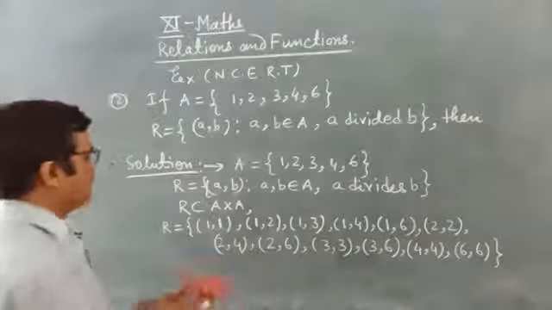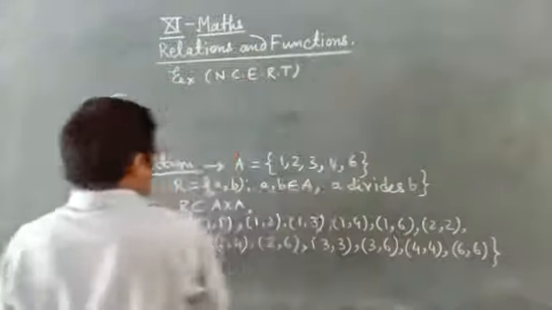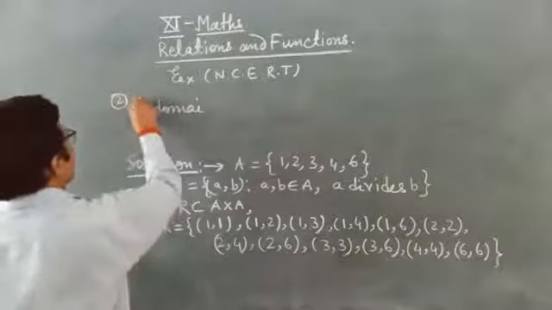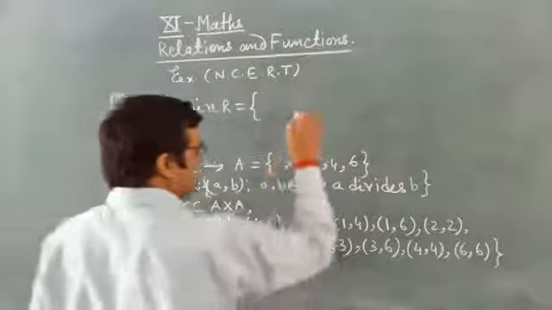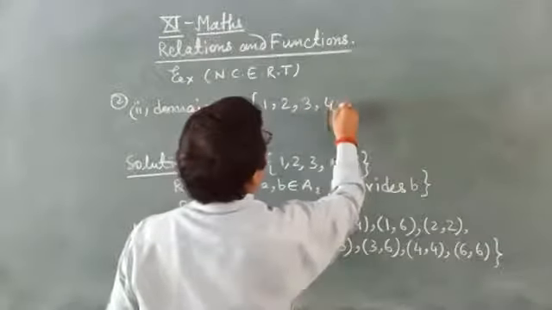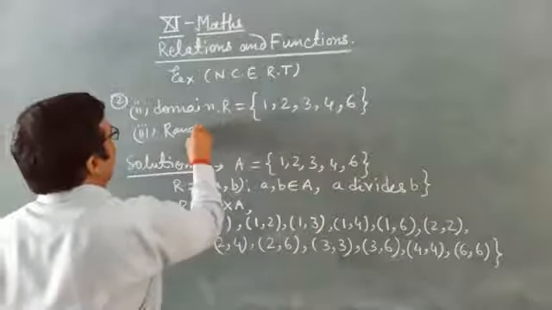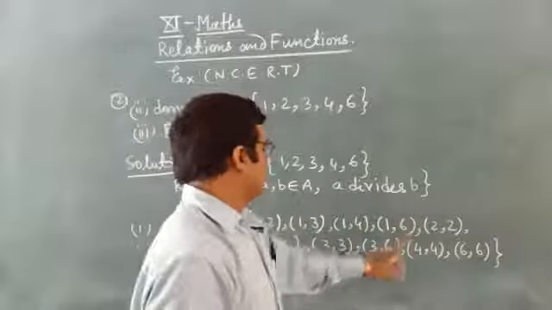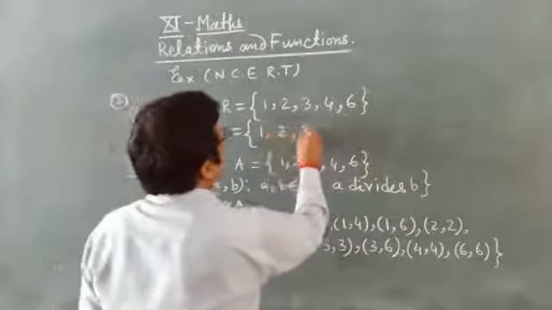The domain of this relation, domain R is equal to 1 2 3 4 6, and range R is equal to, you can see, 1 2 3 4 6, the second components of relation R.